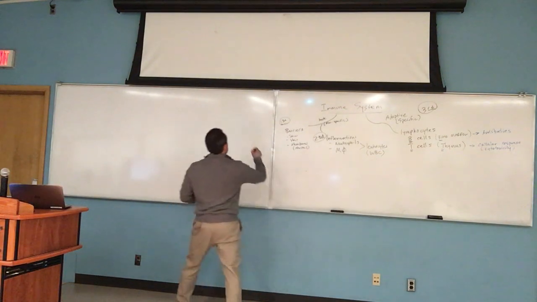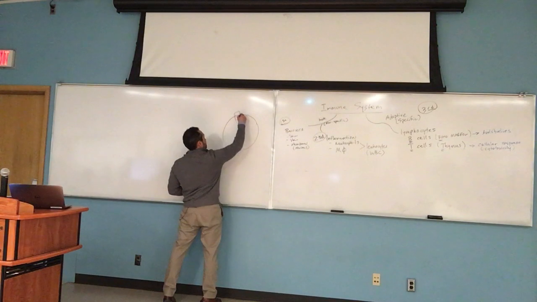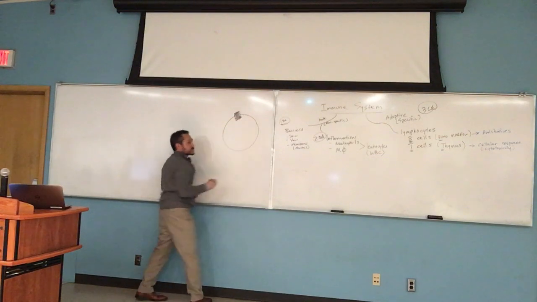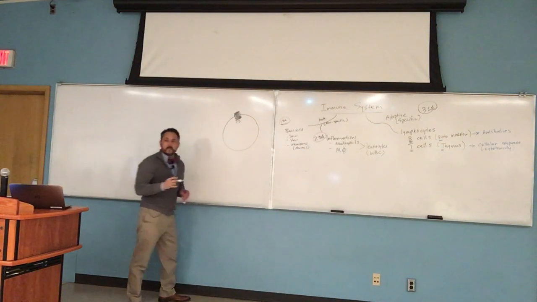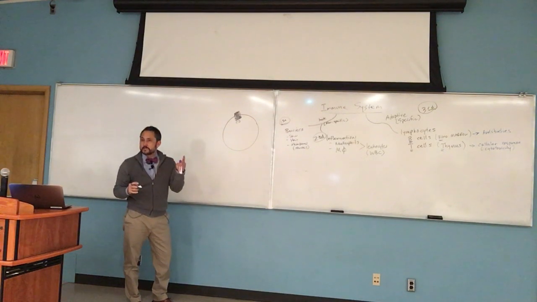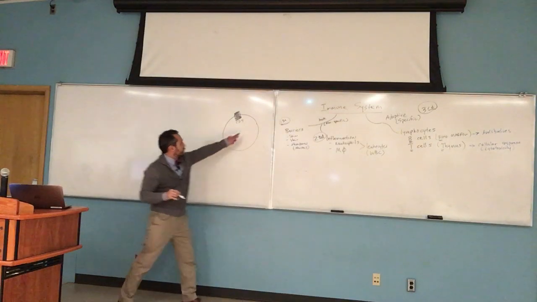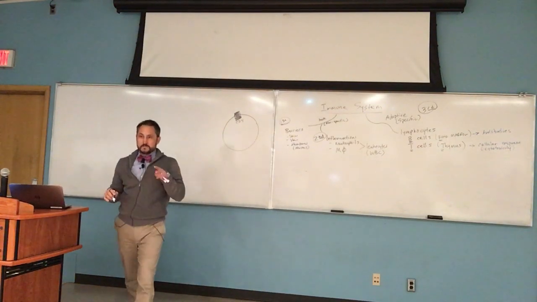On the surface of a cell, there's going to be some marker. This cluster of differentiation is labeled CD, and then there's some numerical nomenclature. So if we've got a CD4, we would say that this cell is a CD4 positive T cell.